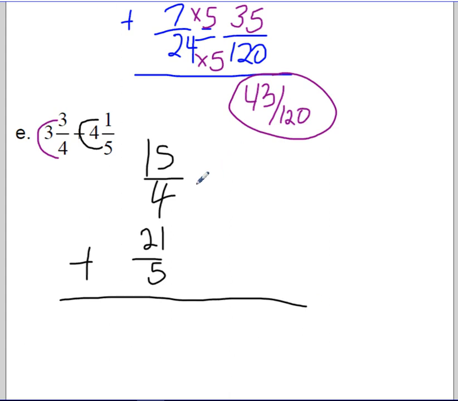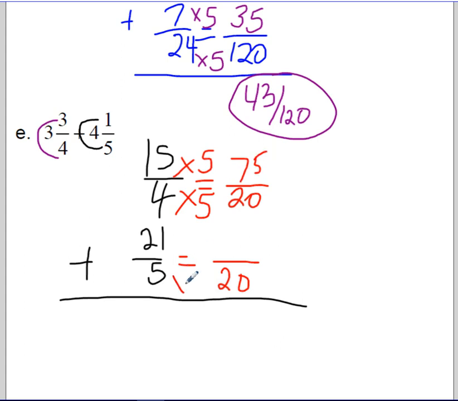So let's go ahead and get our common fractions into 20. So for our 4, we know we multiply that by 5 to get to 20. So 15 times 5 gives us 75. And it was 5 times 4 to equal 20.